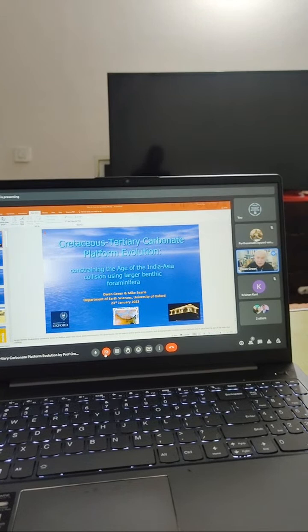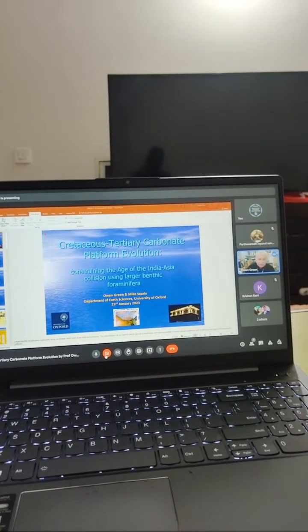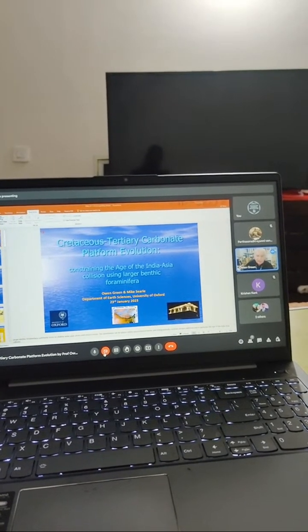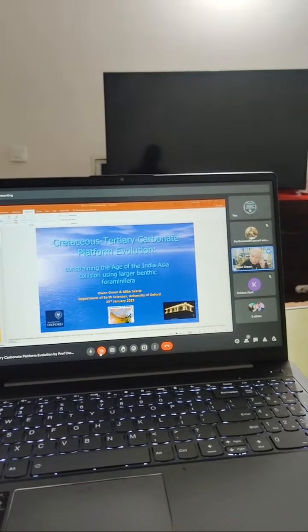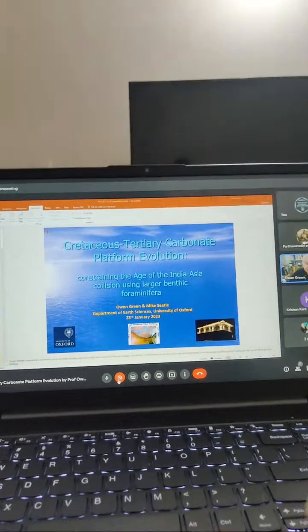But with larger benthics, we have a slight problem. Now this diagram, I know it's a bit busy, got an awful lot on it, but it shows.